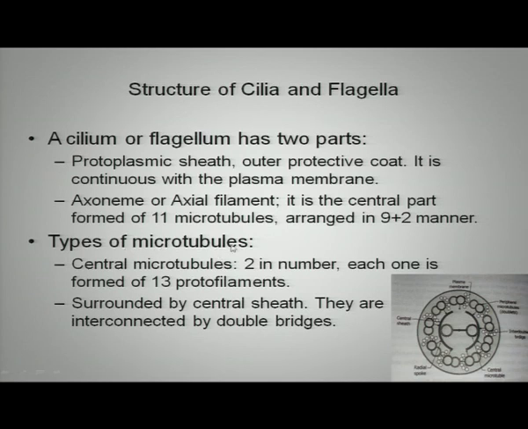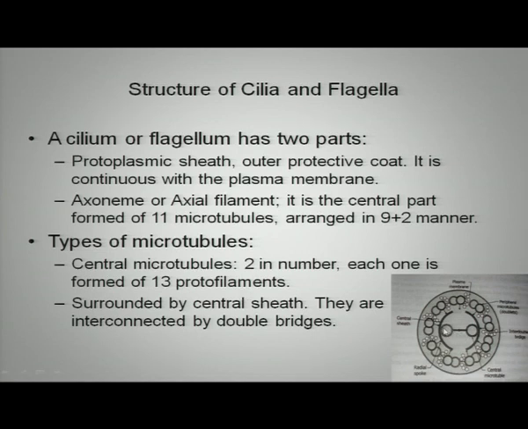Now, regarding the types of microtubules, I have already told you that at the center there are 2 microtubules. They are the central microtubules, 2 in number, and each one is in turn made up of 13 protofilaments.